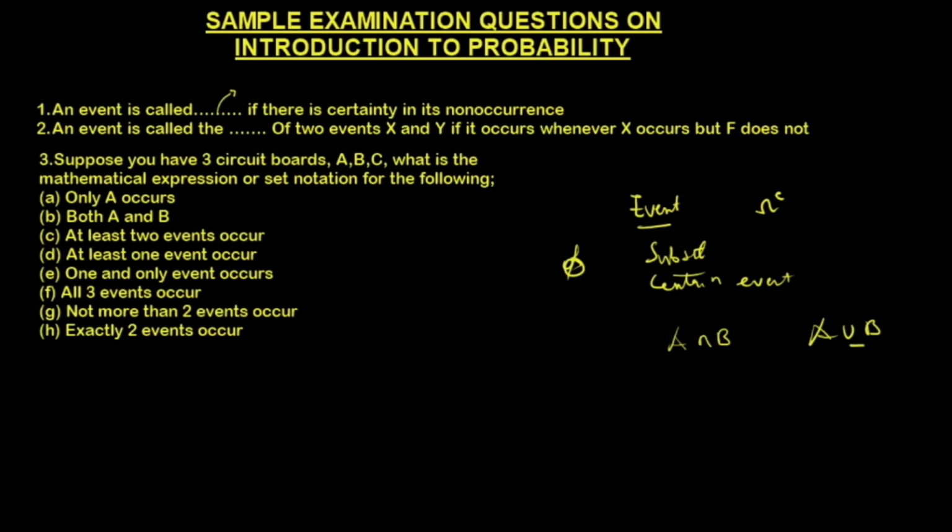For the complement, we have a symbol, A bar or A with a little superscript C. Let's move on to difference. An event is called the difference of two events A and B if it occurs whenever A occurs but B does not, and it's usually represented by A minus B.